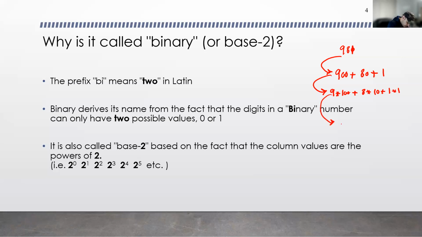And then the final step, you can write it this way: 8 multiplied by 10 to the power of 1 plus 1 multiplied by 10 to the power of 0, which is 1. We call these weights columns.